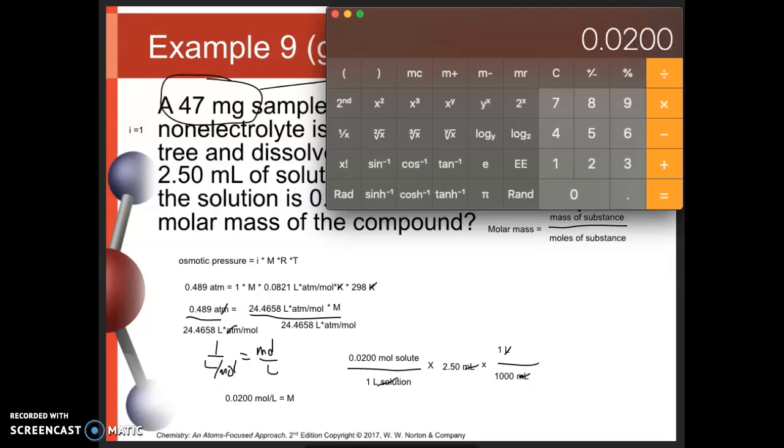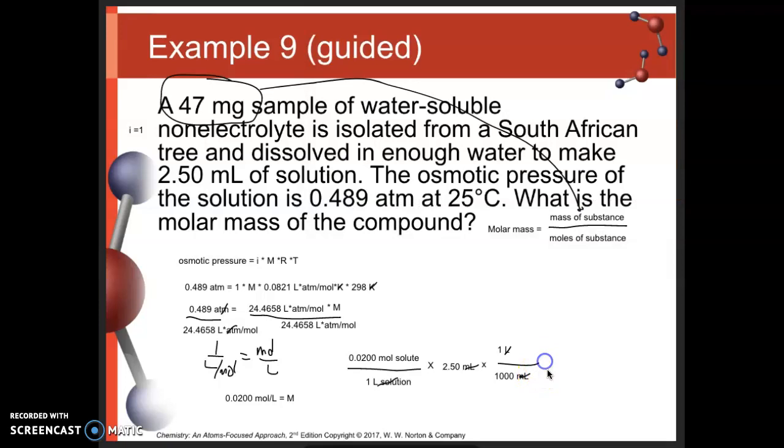0.0200 multiplied by 2.5 divided by 1,000, I get 5.00 times 10 to the negative fifth moles of the substance.